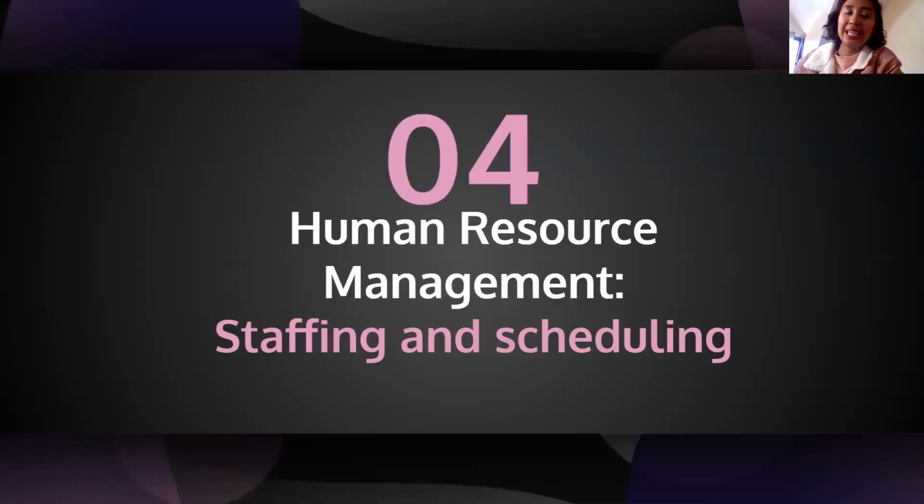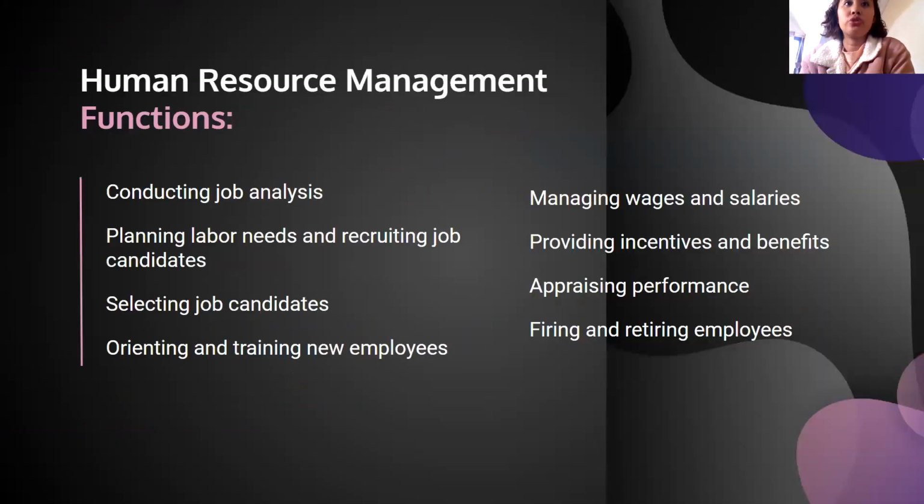And finally, guys, we have human resource management. So let's just have an overview of what it means to manage the people in the organization. The functions of human resource management: it conducts job analysis, which we will describe later.